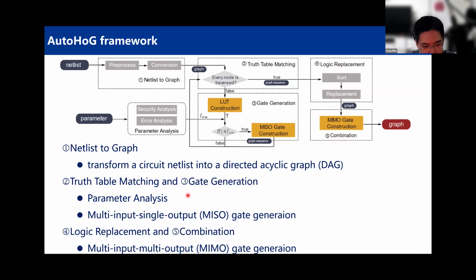If yes, we replace that with a multi-input, single-output gate. If not, we just go to the next node. That's basically the replacement part.